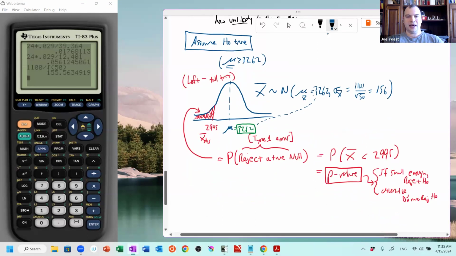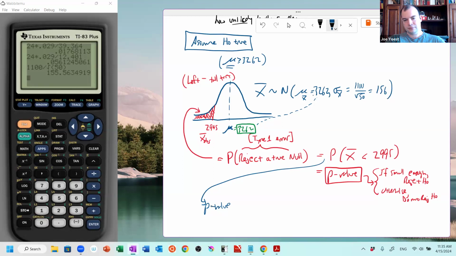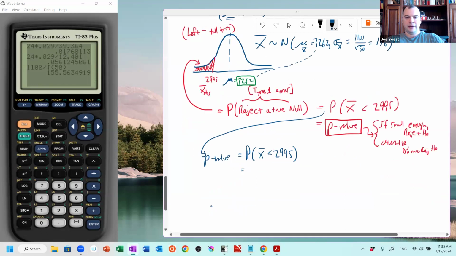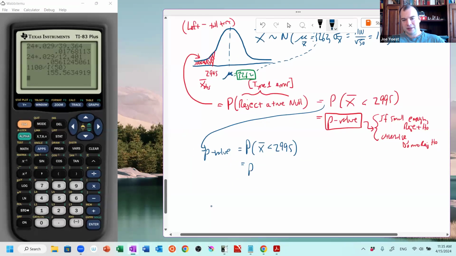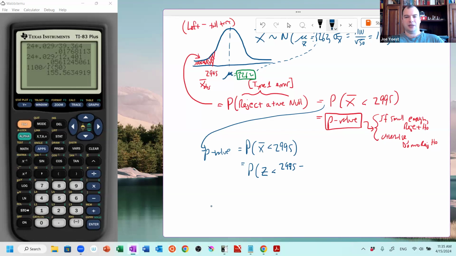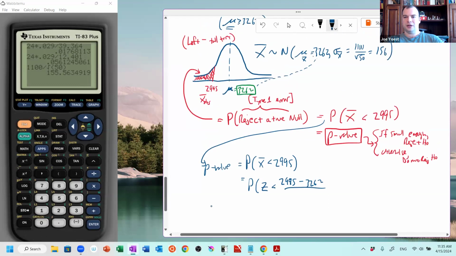Well, okay, I think I have enough to answer this now. My p-value is the probability x bar less than 2995, but that's the probability that z is less than the x bar index minus its mean, 3262, over its standard error of about 156.